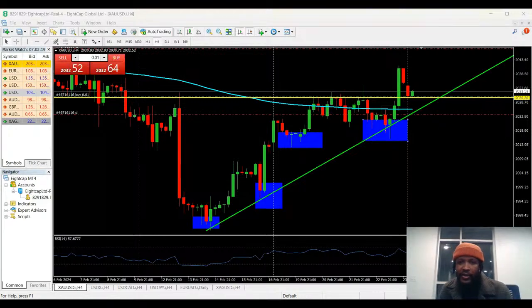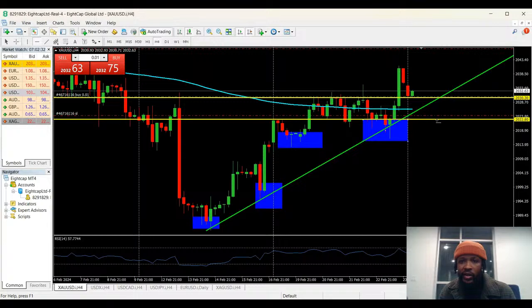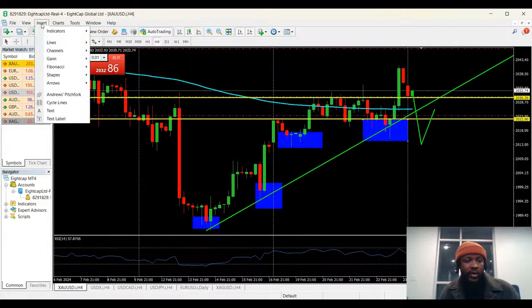If we actually see gold go below the trend line right here, let me show you guys, and most importantly structure, because structure is literally everything. If you see gold go below that level, break the trend line in structure and come back for the retest. Let me show you guys real quick.